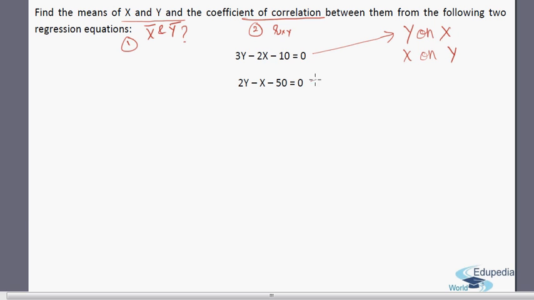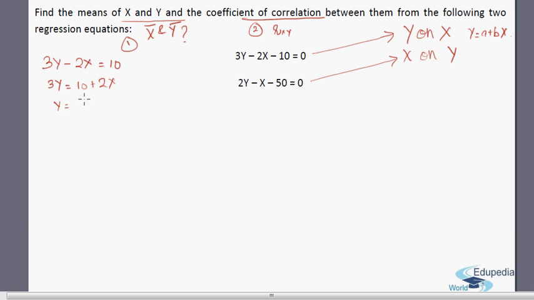Okay, and the second is the equation of x on y. So let's take the first one now: 3y minus 2x equals 10. Let me rewrite it in the form of y on x, that is y equals a plus bx. So let's keep y on one side and the rest of the thing on the other side. So we'll have 3y equals 10 plus 2x, right?